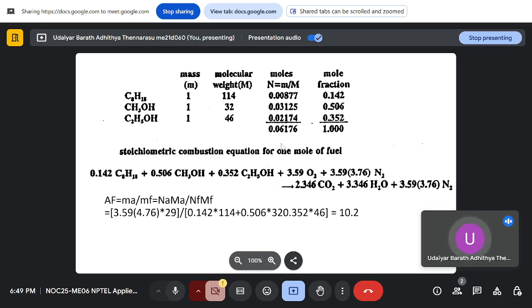So if we take a combination of this as 1 mole, that 1 mole will contain 14.2% of octane, 50.6% of methanol, and 35.2% of ethanol.